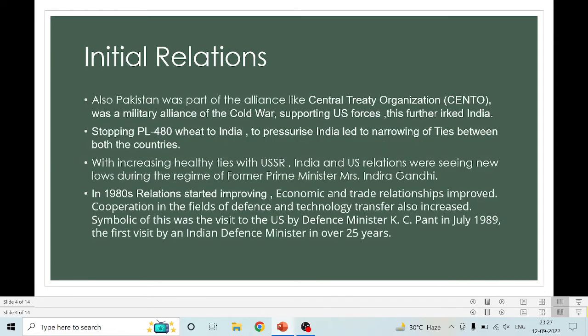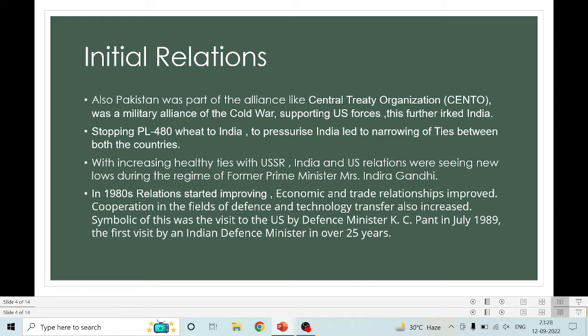However, if we see the initial relationship, they were not so close. There were so many attempts, right from the Korean crisis, where India was supporting North Korea's interest, and Jawaharlal Nehru issued a statement as well. Then the Vietnamese crisis, and so forth. There was a kind of divergence in the relationship.